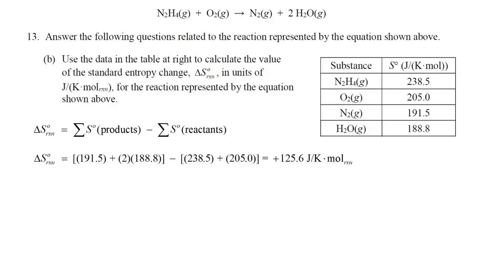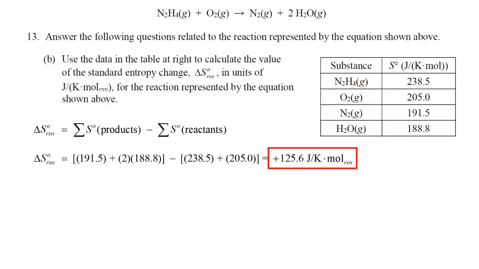Those are the products. And then minus the sum of the entropy values for the reactants. So 238.5, which is the number for N2H4, plus 205.0, which is the number for O2. And when we do this math, we get that the delta S for this reaction under standard conditions is positive 125.6, and the units are joules per Kelvin mole of reaction.